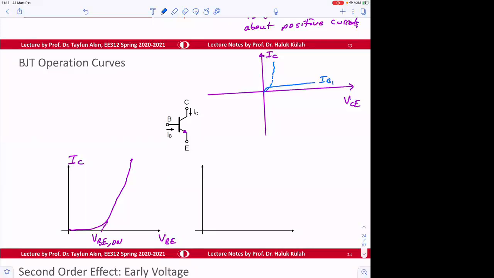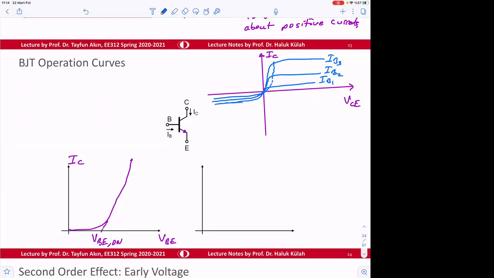If you keep increasing I base, for the same I base, you will see that this is going to be something like this. If we increase I base 2, this is going to also increase, and then you will see that this is going to be the current. Then this is going to increase much more for I base 3, going like this.